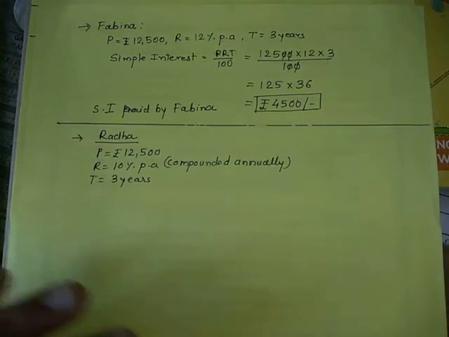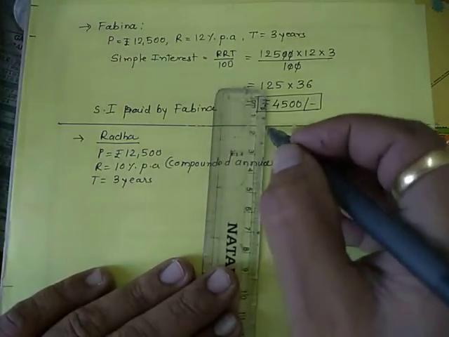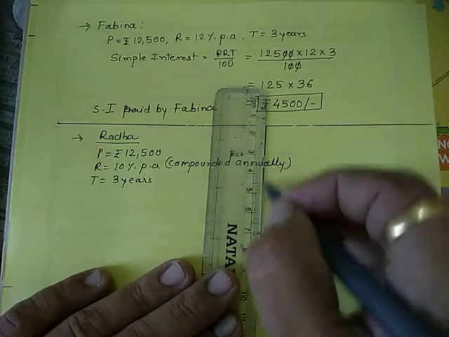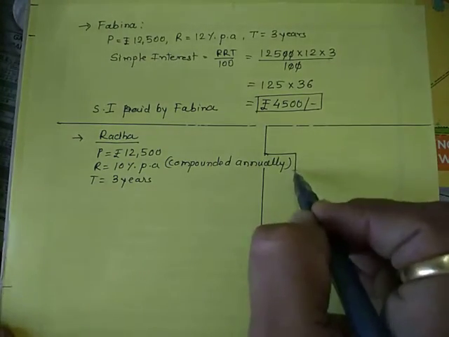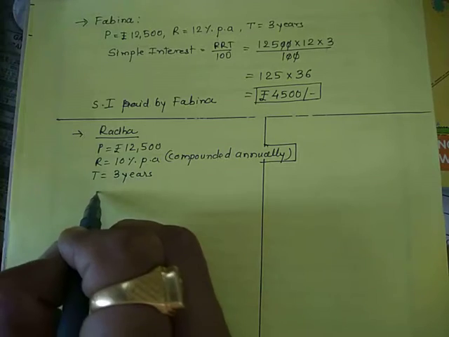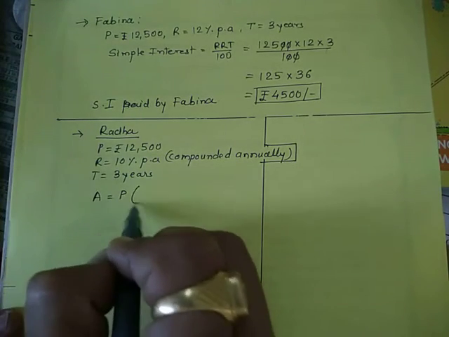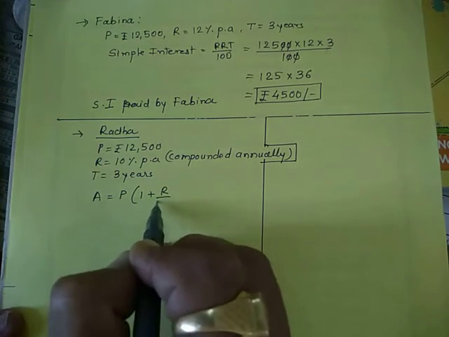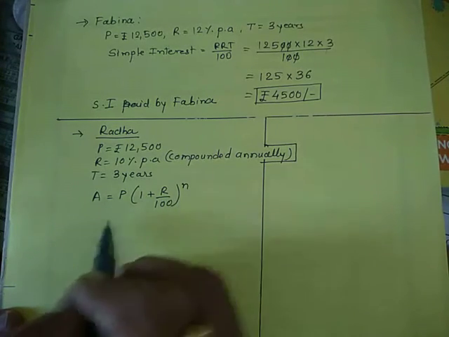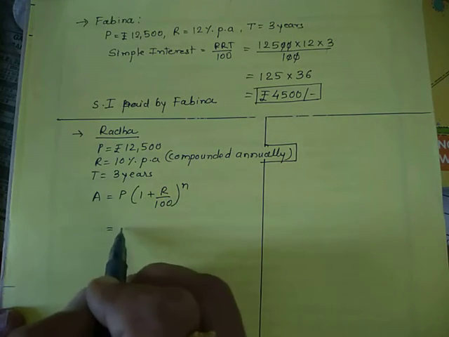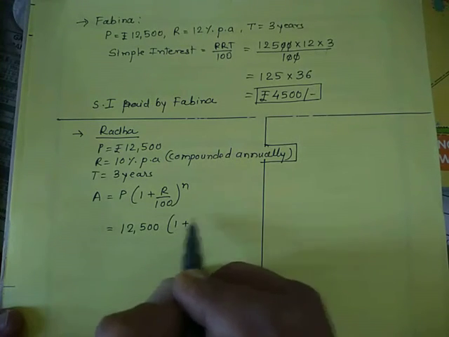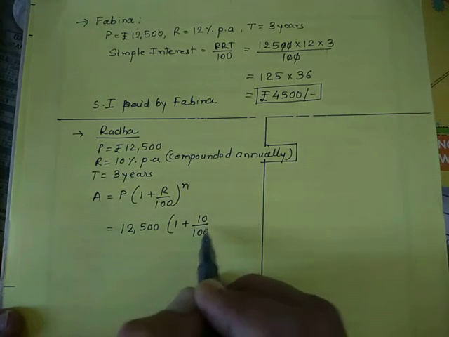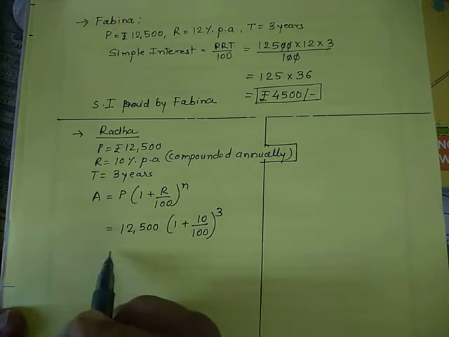So again I draw a part of this, separated into two parts. By the amounting method, P into 1 plus rate upon 100 raised to n. So 12,500, 1 plus rate, given as 10%, raised to 3.